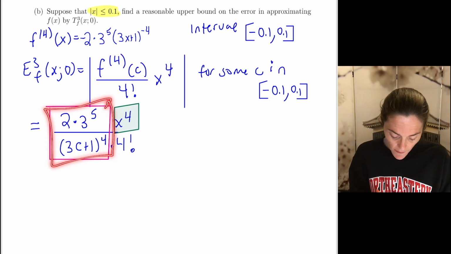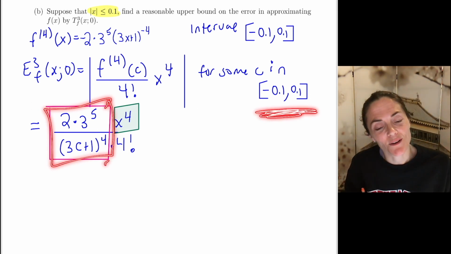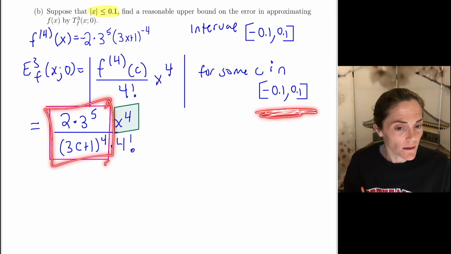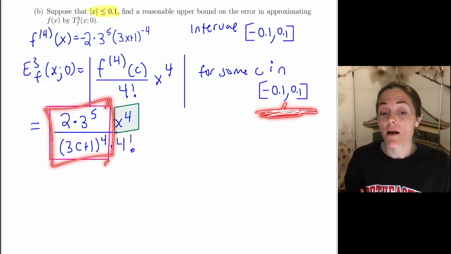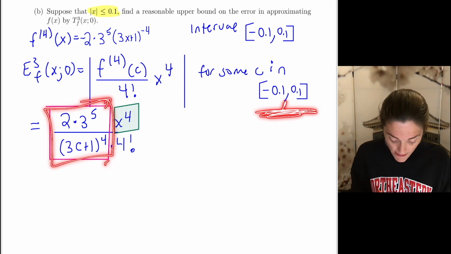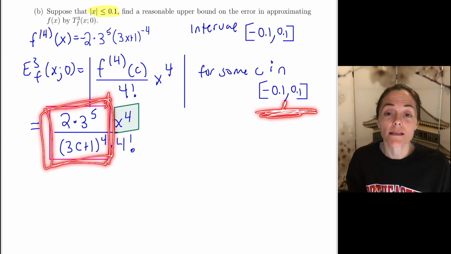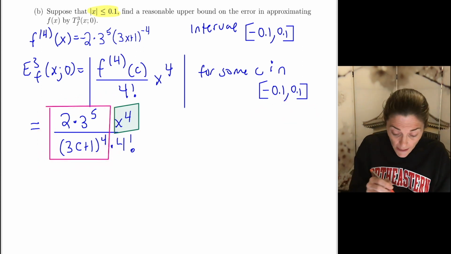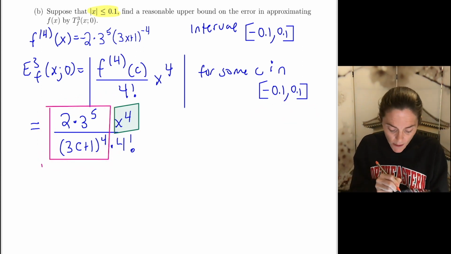First, I'll look here. You're only looking on this interval. And what are we going to use for c? If you think about this, the denominator is growing. And so this thing is decreasing, right? The denominator is growing. We have a fixed numerator. And so this is a decreasing function.